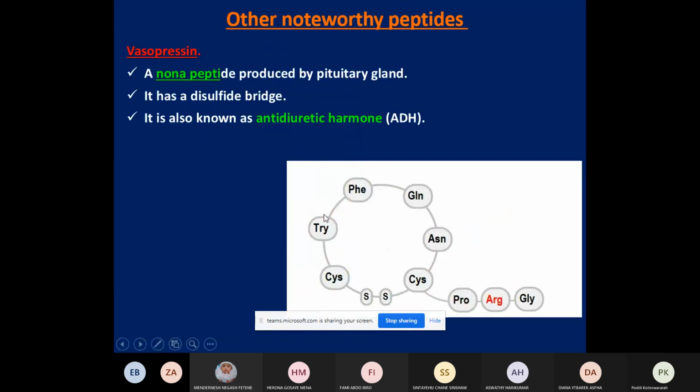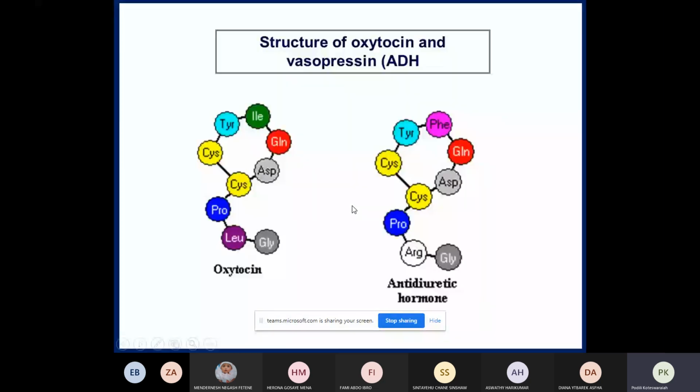And then coming to vasopressin, it is also a nonapeptide, and you can see here it has a disulfide bridge between two cysteine residues, and it is also called the antidiuretic hormone. It is mainly involved in regulating the body's water, that is, the retention of water.